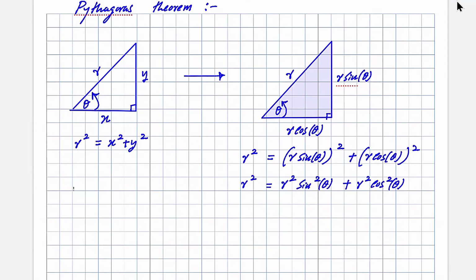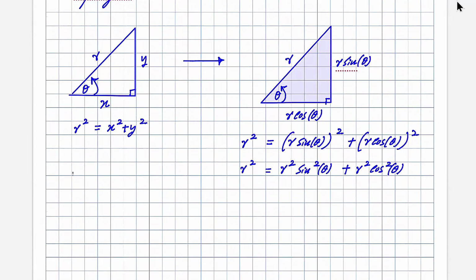In this case, the theta is the angle, right? That angle can be 30 degree, 40 degree, 50 degree, right? That's fine. Now, when you have this, what you do, you can factorize. You can take r squared out. When you take r squared out, you get something like this, right?